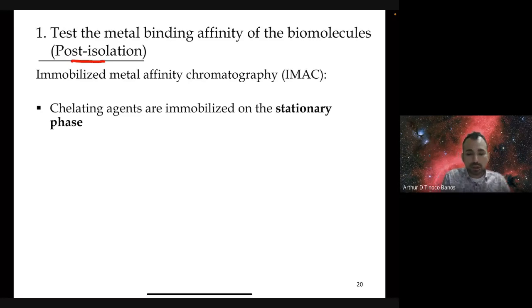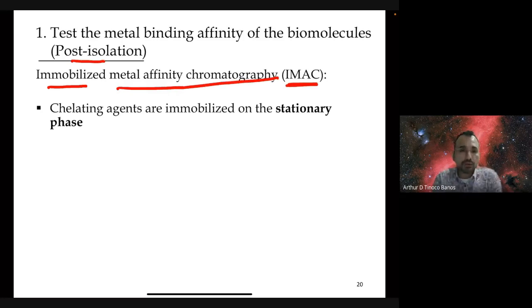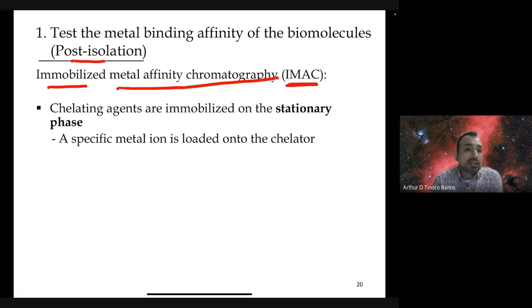Well, many people actually take advantage of this type of approach without really thinking about what they're actually doing. So a really popular approach is immobilized metal affinity chromatography, which is IMAC, the abbreviation. In this technique, you have a chelating agent that is immobilized on the stationary phase. Then a specific metal ion is loaded onto the chelator.